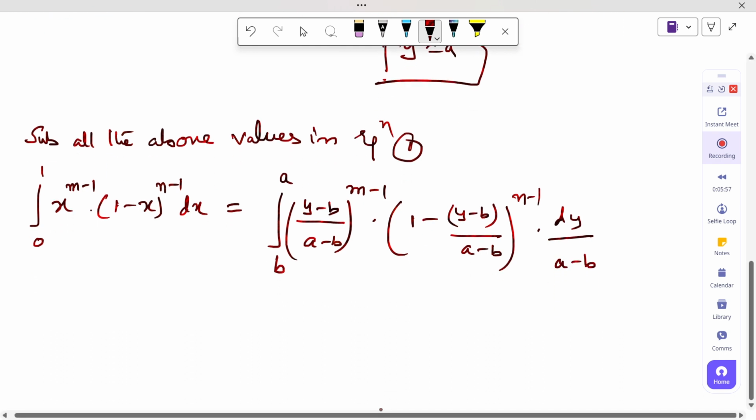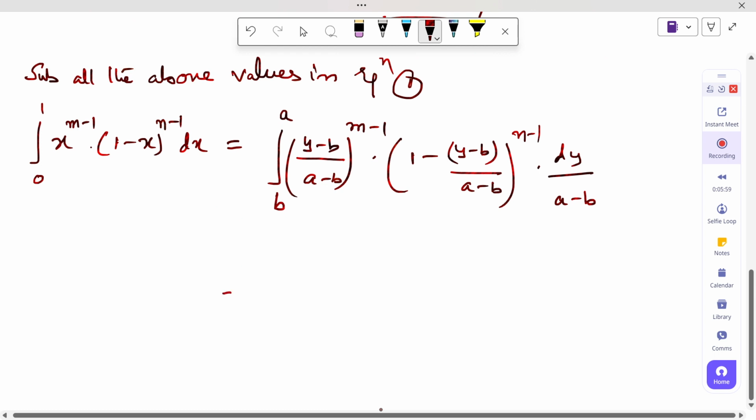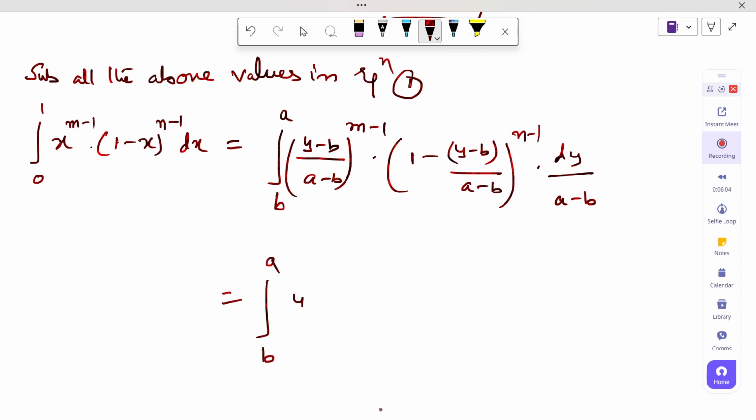Now we will simplify this completely. It is equal to the integral from b to a of (y minus b)^(m minus 1) divided by (a minus b)^(m minus 1), then into this part, which we cross multiply.